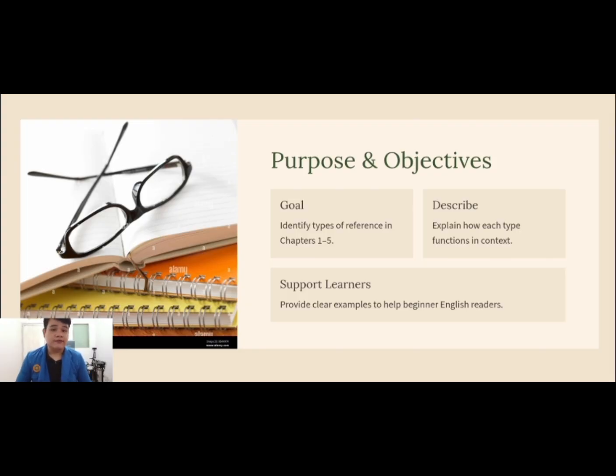First, our primary goal is to identify the different types of references used throughout chapters 1 to 5. And second, we want to describe these references by explaining exactly how each type functions within its specific context.